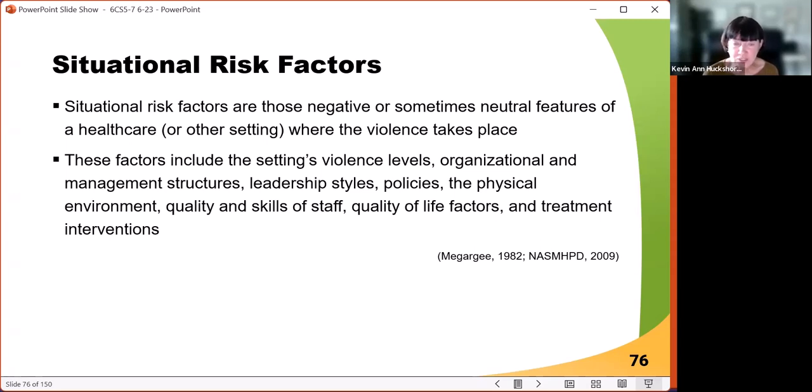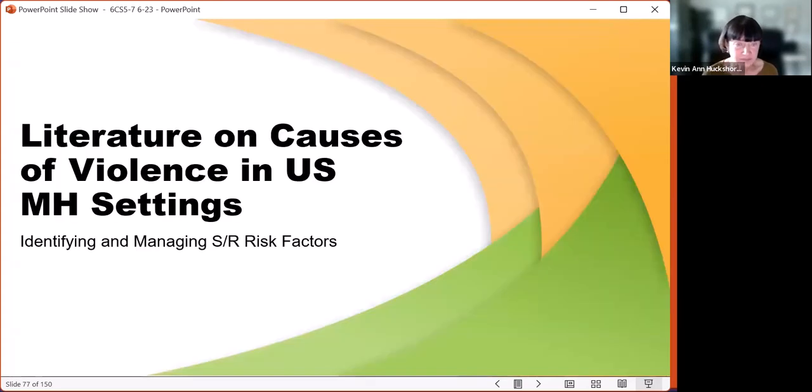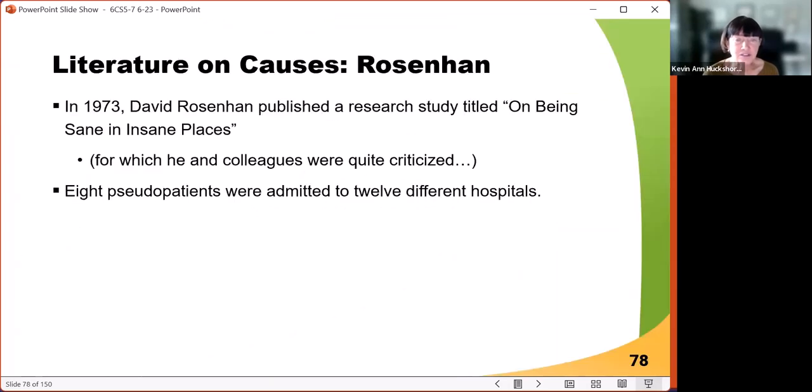The management structures, leadership styles, policies, the physical environment, the noise level, the temperature control, signage, colors, quality and skills of staff, quality and skills of supervisors, quality of life factors, and what treatment interventions are in place in that environment, that unit, or that hospital. Next slide.